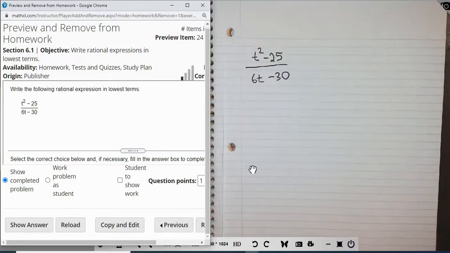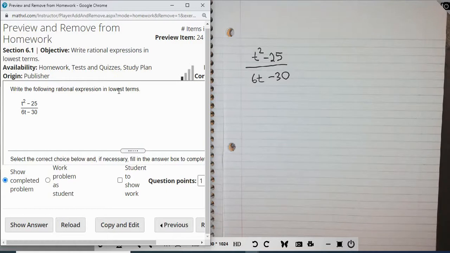All right, so in this next one, again, we are writing expressions in lowest terms. All right, so we look at this one. We do have a rational expression here. And again, we're going to use the fundamental property. Remember, the first step in writing rational expressions in lowest terms is to factor both the numerator and denominator.